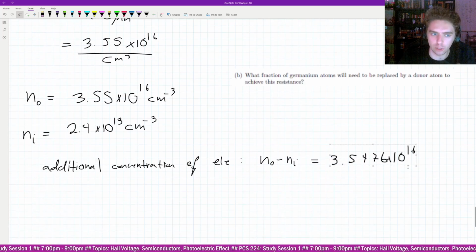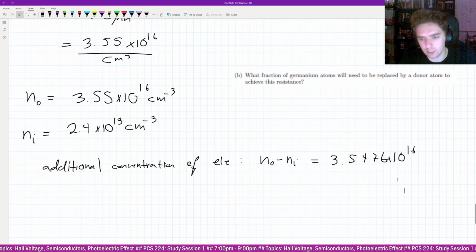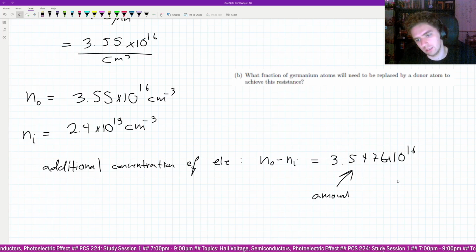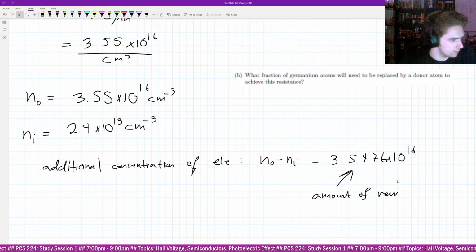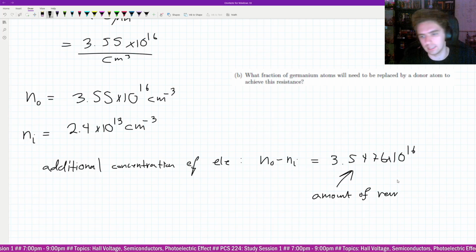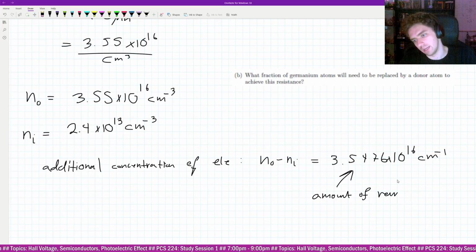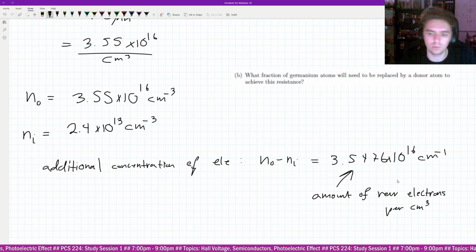So then we just take the total number of germanium atoms. This is the amount of new electrons per centimeter cubed, and since we're all in centimeters, it's fine.